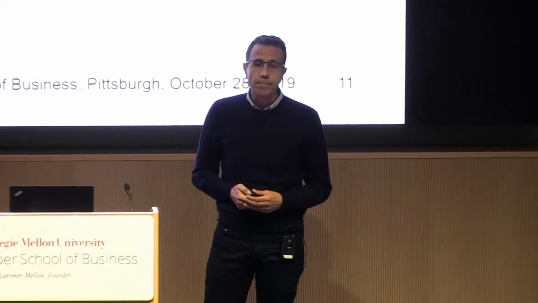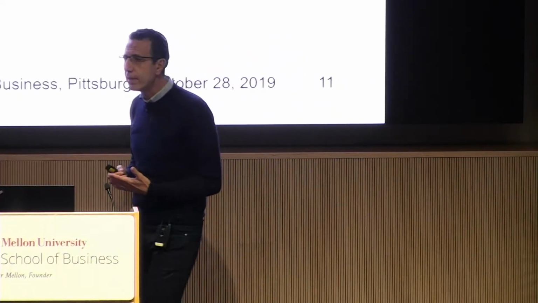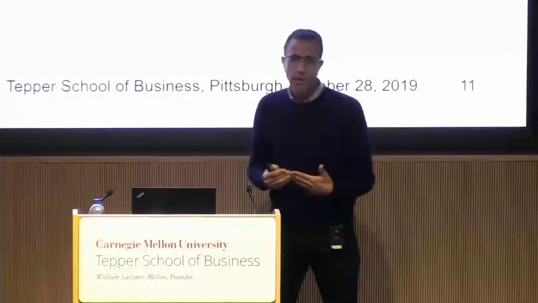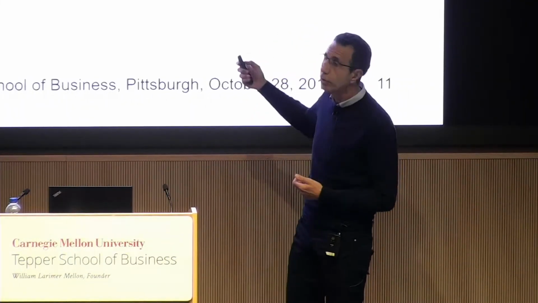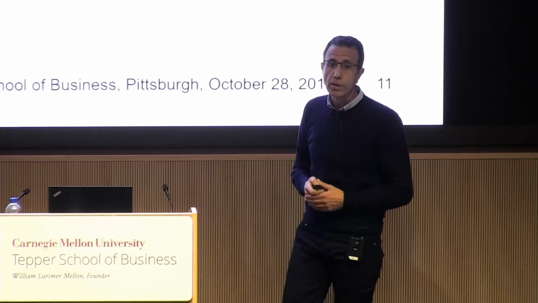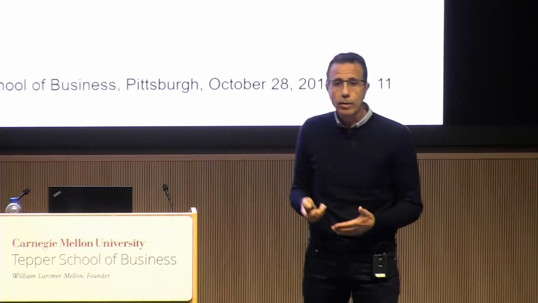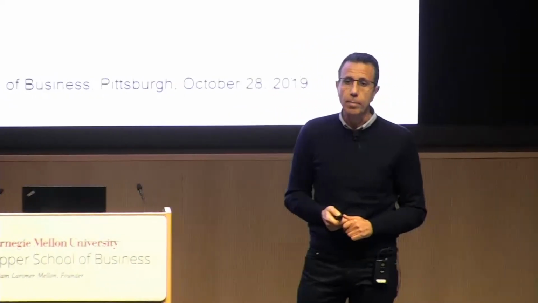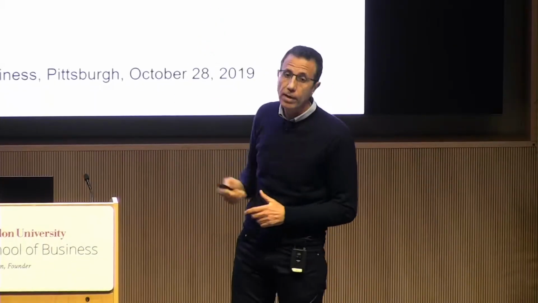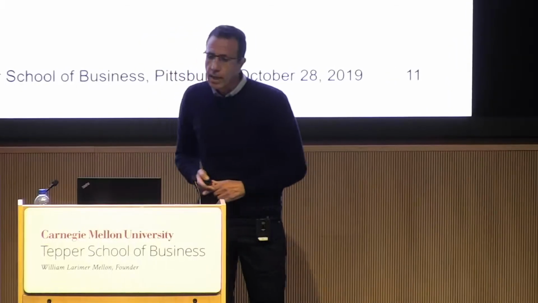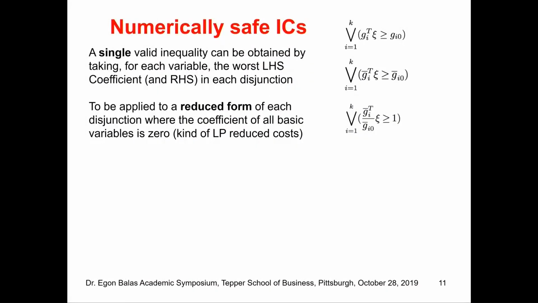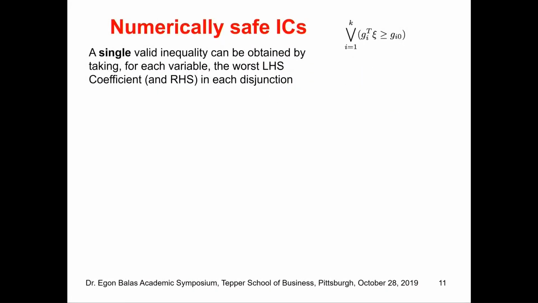So the point is that you want to manipulate the inequalities in such a way that after applying this Glover procedure, taking the maximum coefficients and so on, the inequality is still violated by x star. In the beginning, they are violated by x star. So you can have two approaches. Let me put this in this way.